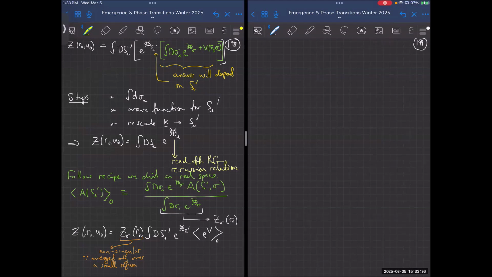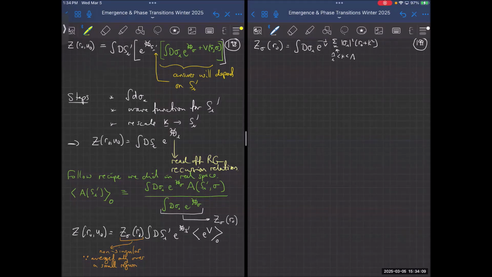But it will change the zero of energy. So this Z sigma, we already know how to calculate, because we already calculated it. It is the integral d sigma L of e to the 1 over V sum over k of S L squared (R naught plus k squared), like so. And here k, I'm summing over lambda over L less than k less than lambda.